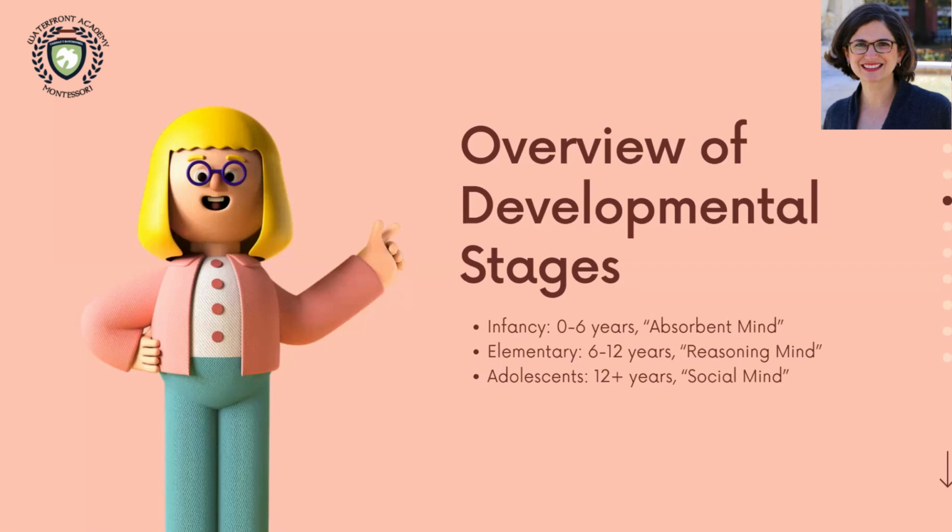And that group is our absorbent mind. Elementary 6 to 12, that's our reasoning mind, and adolescence, which is 12 and older. And the mind really goes on developing all the way through the age of 24, 25.